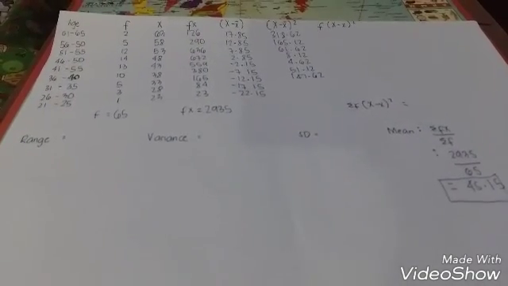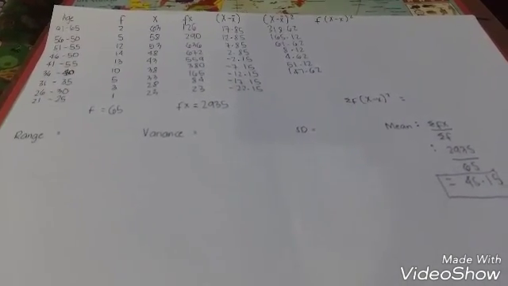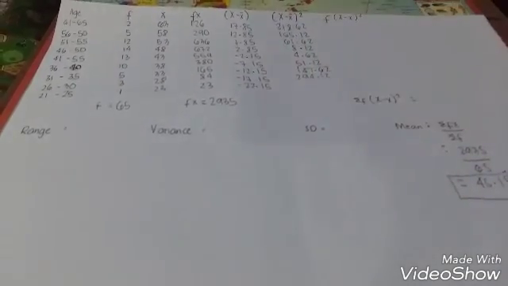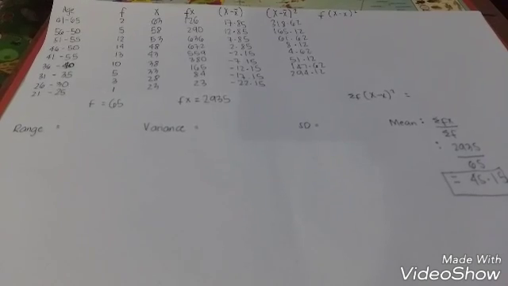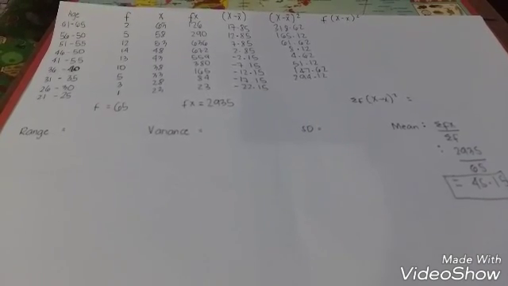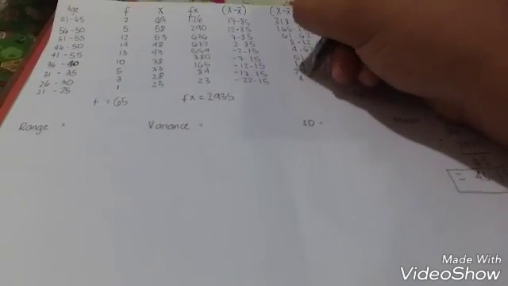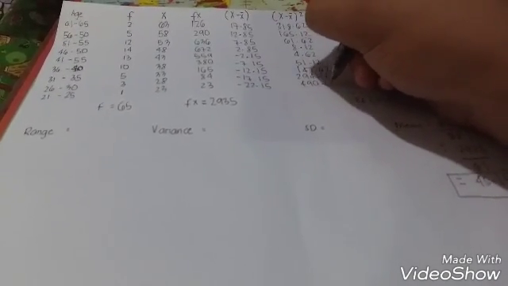Negative 17.15 squared is 294.12. Negative 22.15 squared is 490.62.